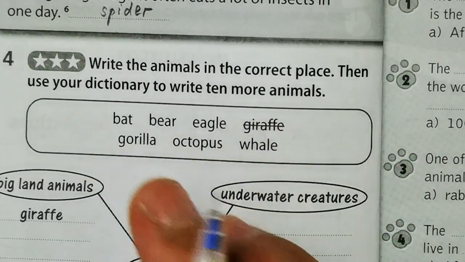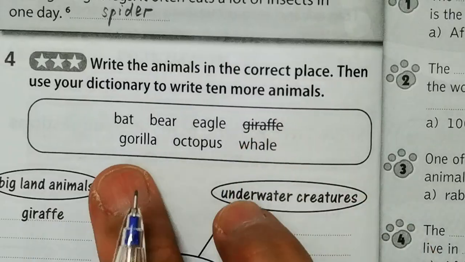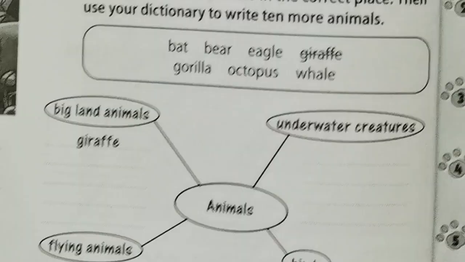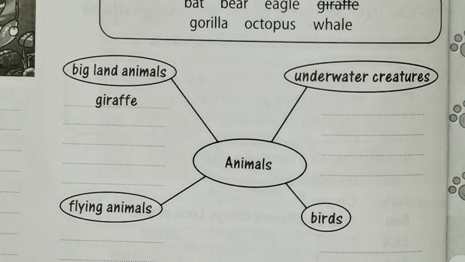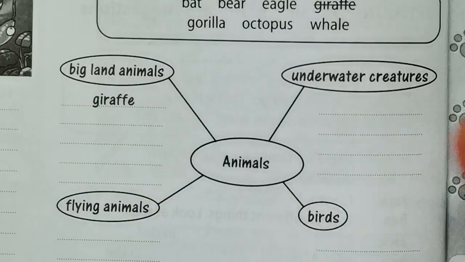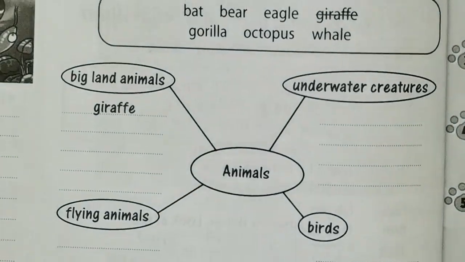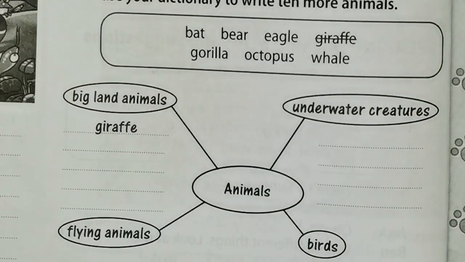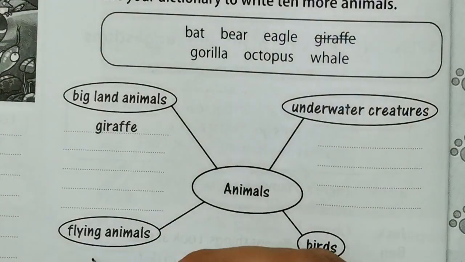So we have bat, bear, eagle, giraffe, gorilla, octopus, whale. So we had big land animals, giraffe. So we go one by one. So for example, for this bat here, bat is considered as flying animals. So we have this bat here.